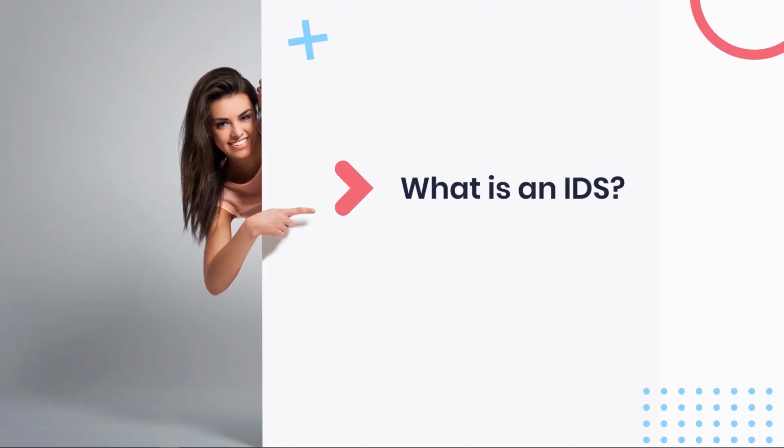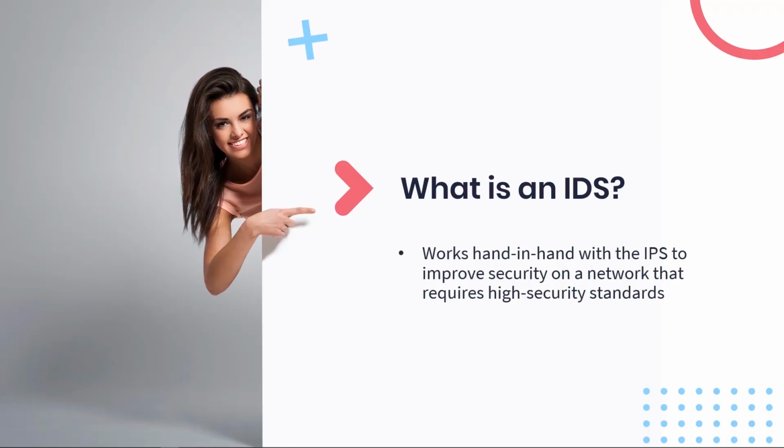So what is an intrusion detection system? As mentioned earlier, an intrusion detection system, IDS, works hand in hand with the IPS to improve security on a network that requires high security standards.